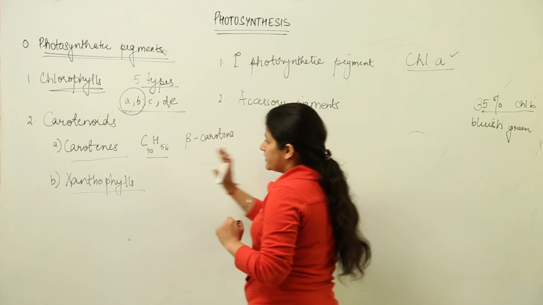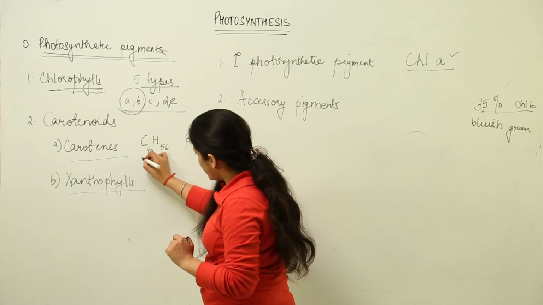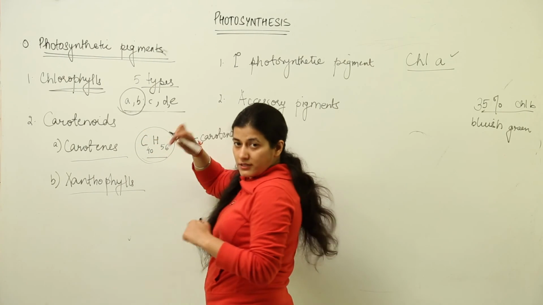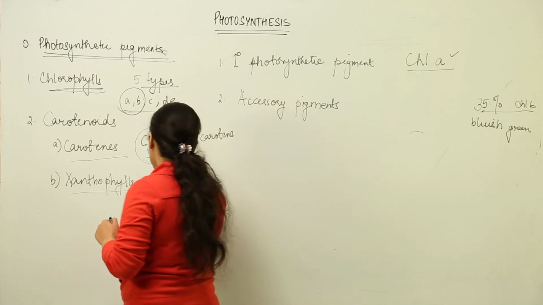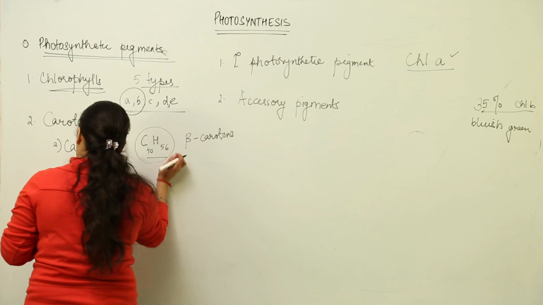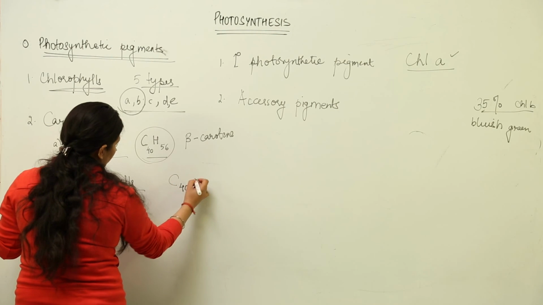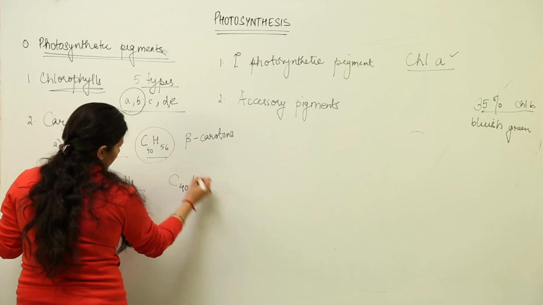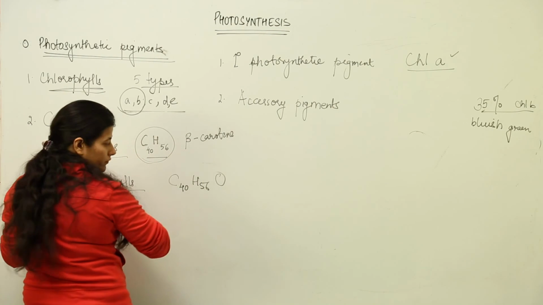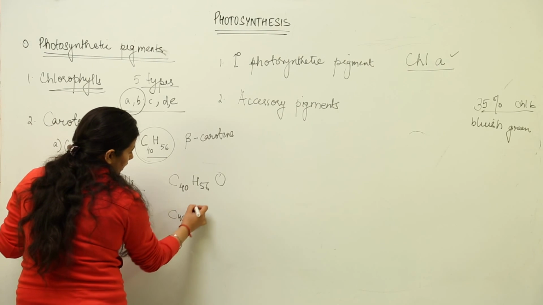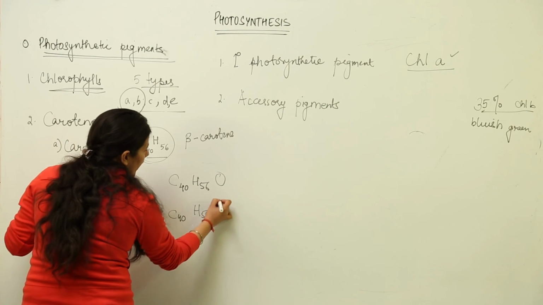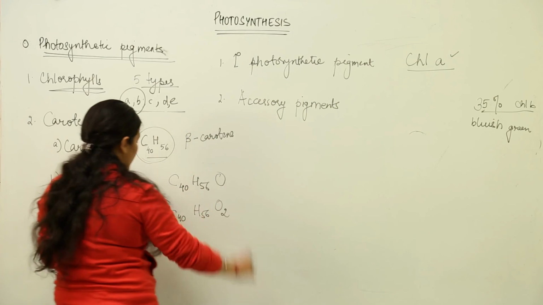Okay, and in terms of xanthophyll, when these carotenes get oxidized, they form xanthophylls. Now simply C40H56, same carotene, add 1 O. And C40H56, add another O. It becomes O2.